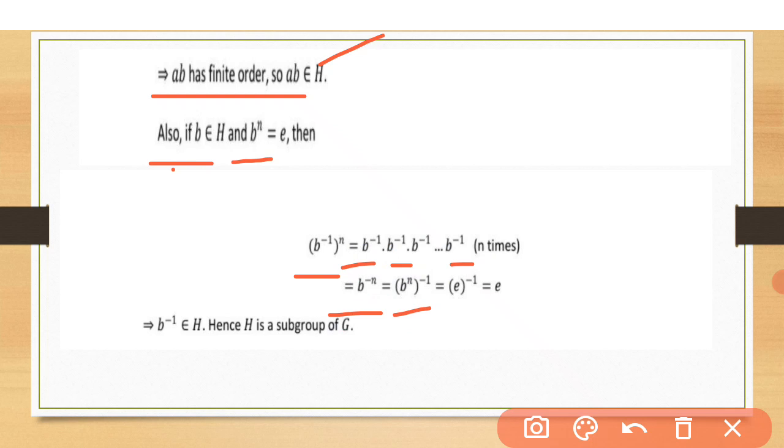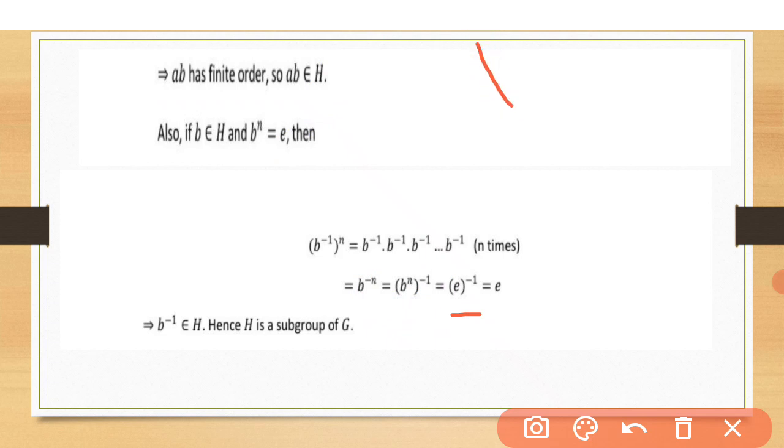We know that B raised to power N is equal to the identity element because N is the order of B. So the inverse of the identity element is a self-inverse, because 1 divided by 1 gives us 1. So here we prove that inverses are also present in H.